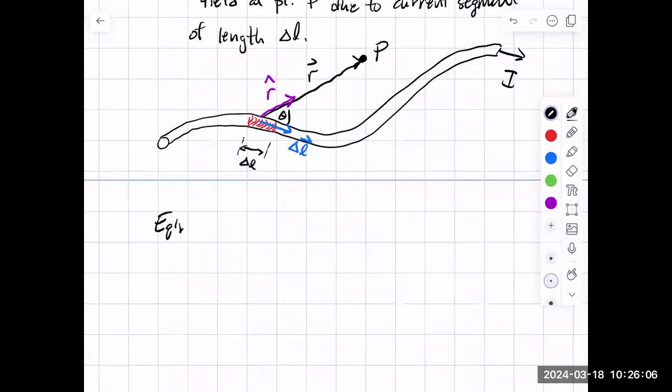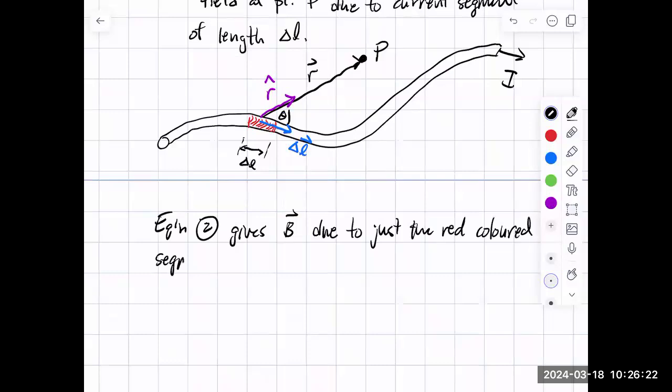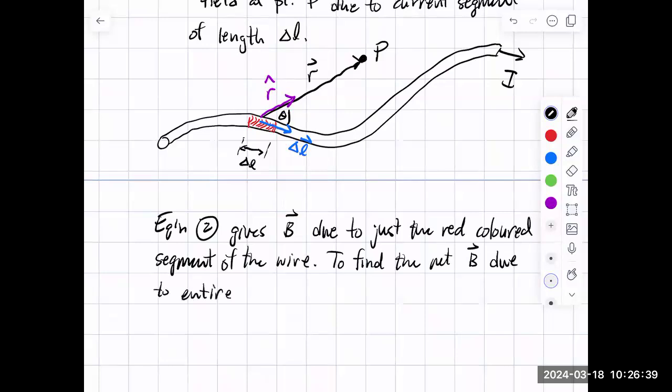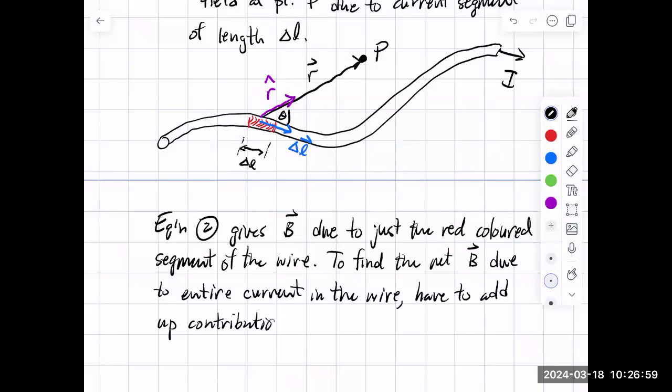Okay, so equation 2 gives the magnetic field due to just the red colored segment of the wire. To find the net magnetic field due to the entire current in the wire, we have to add up the contributions from all segments.